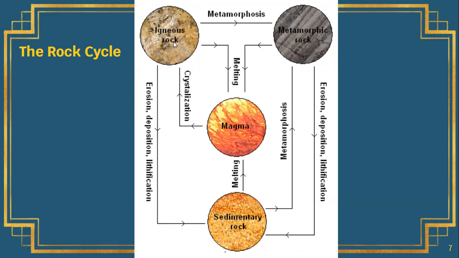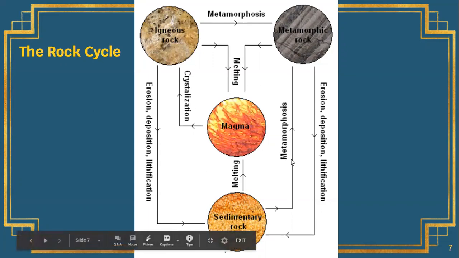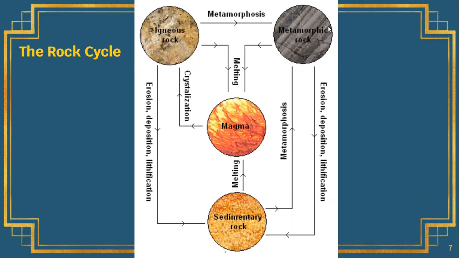It could then go through metamorphosis by putting more pressure on it, putting hydrothermal solutions in there, and changing it into a metamorphic rock. Sedimentary rocks can do the same thing. They can go through metamorphosis and become metamorphic rocks as well. And so those are two types of rocks.